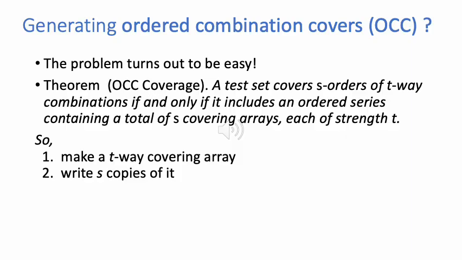So that is a quick and efficient way to do this. We know how to generate practical sized covering arrays in a reasonable amount of time for most test problems. So we simply duplicate that and have a much stronger test suite, we believe. We hope it'll be stronger. That'll be future work to try this out on some empirical examples.